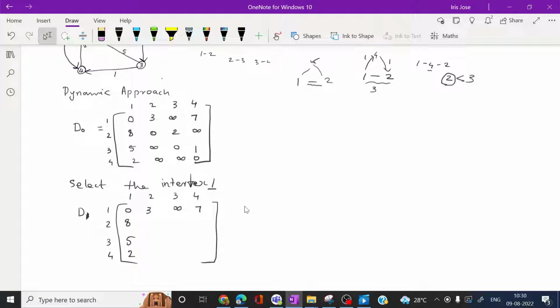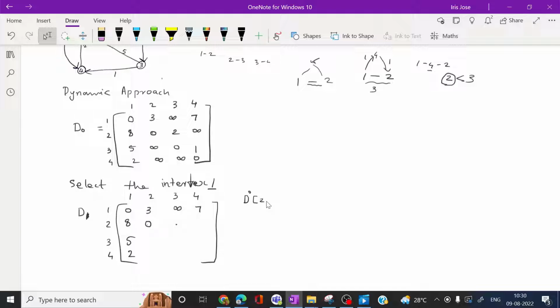The first is D22, which is a diagonal element, so it is 0. Diagonal elements will be 0. The next element is D23. So we have to write D1 of 2,3.